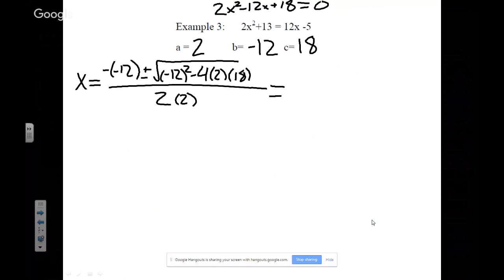So this is going to simplify down into 12 plus or minus the square root of negative 12 squared. This is where we're just going to look at the determinant again.